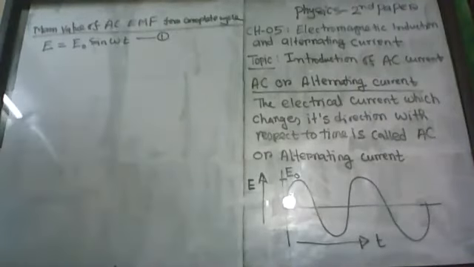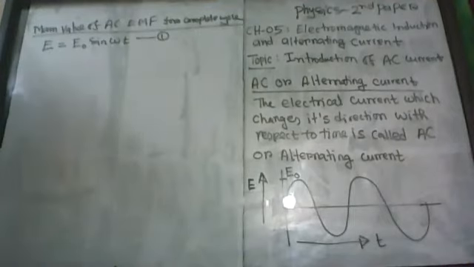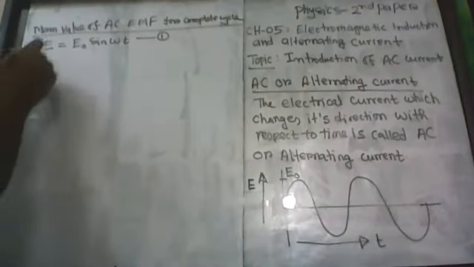Here E naught equals the maximum value or peak value, and here the time function t indicates that this electromotive force changes its direction continuously. So I'm going to find out its average value.